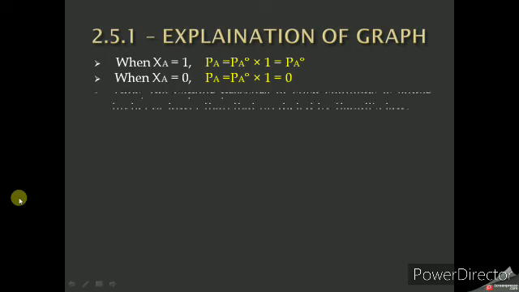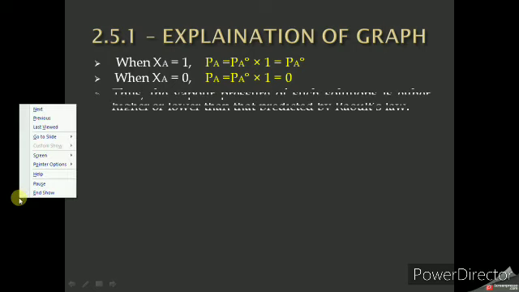When XA is equal to 0, here XA becomes 0, so instead of 1 here we have 0, so the overall value becomes 0.